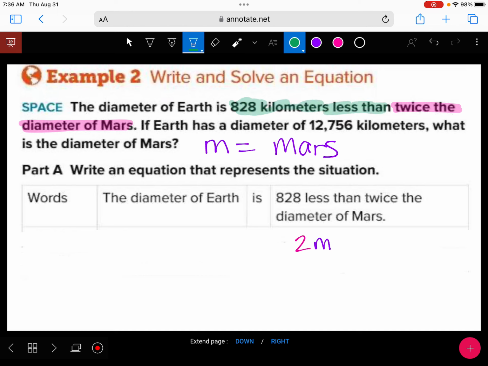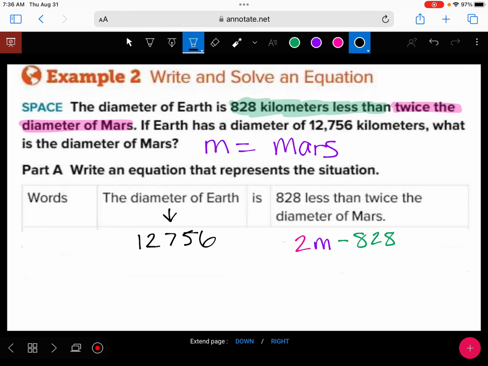We're going to subtract 828. What is the diameter of Earth? 12,756.